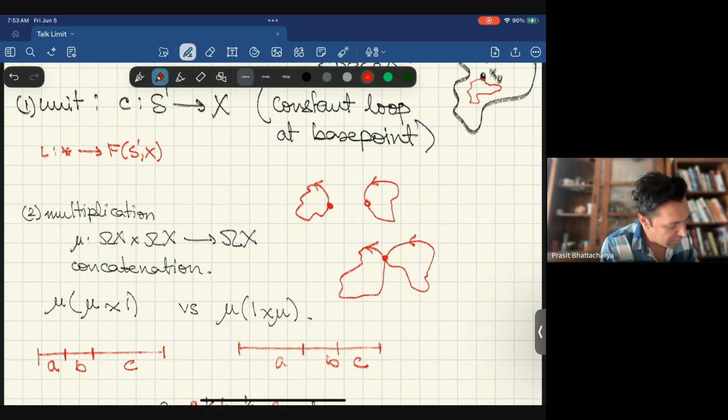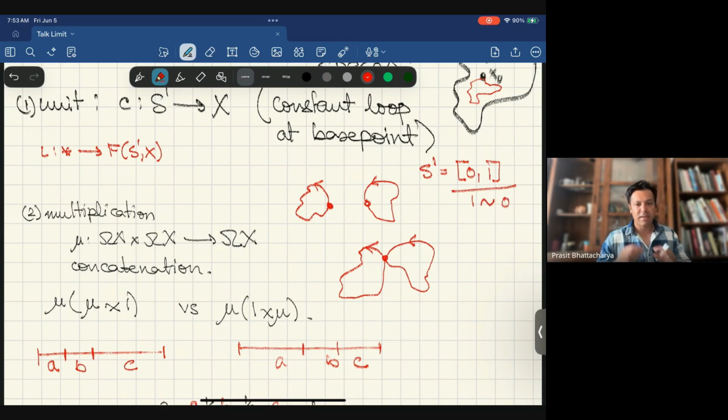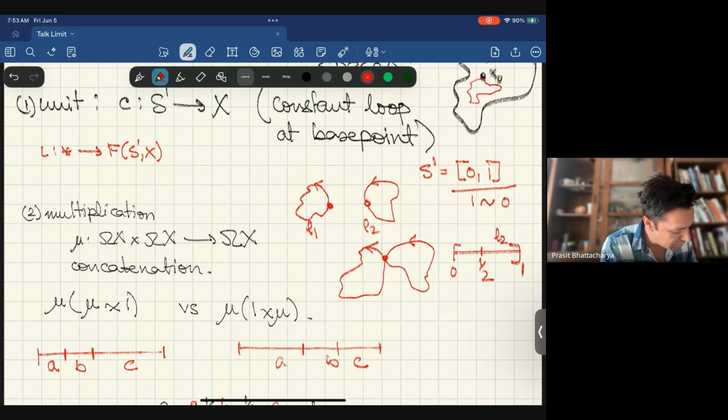So basically, okay, let me make it rigorous. One way of looking at S1 is, you can think of this as the unit interval 0, 1 with 1 glued with 0. You take a unit interval and glue 1 with 0 and you get a circle. So if you have one loop L1, you squeeze it between 0 and half, you change its speed, and then from half to 1, you do L2.